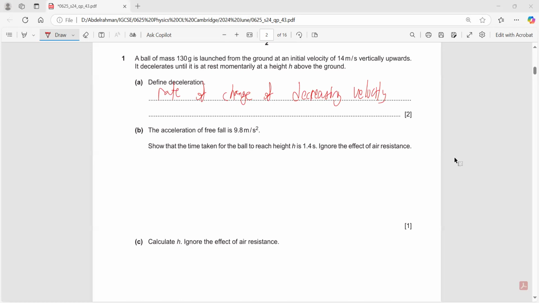Whatever you'd like, but just don't say rate of change of velocity. Rate of change of velocity would be acceleration. To be more accurate, we need to say that it is decreasing velocity.